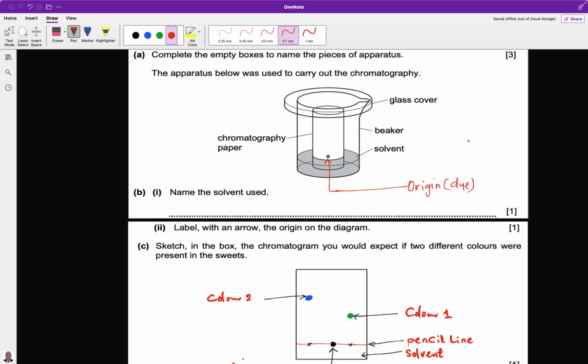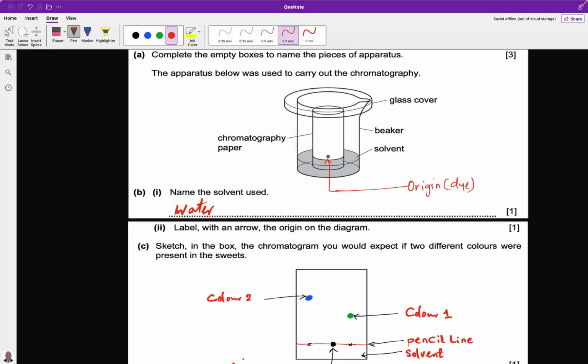Now, name the solvent that is being used. The solvent that is usually used for this is water. Water is always used as a solvent to separate these colors. The solvent is water.